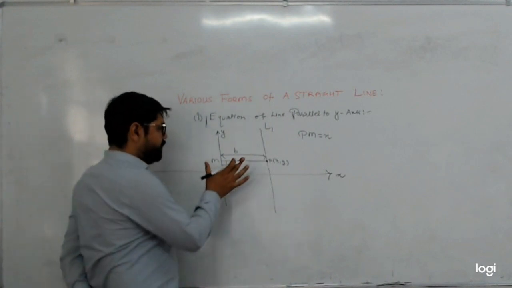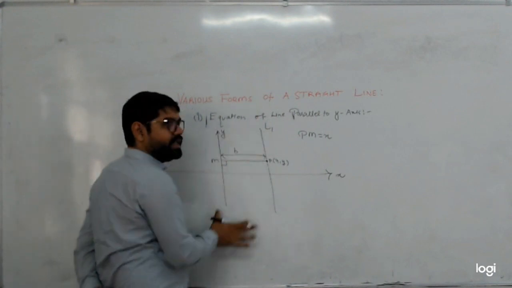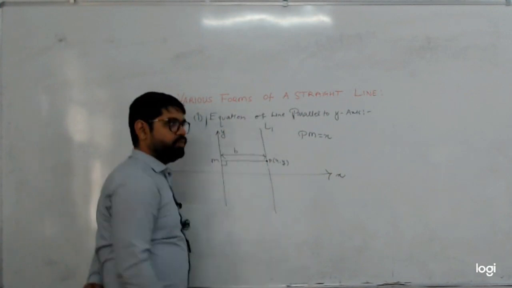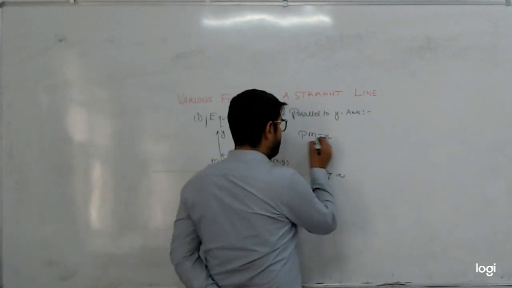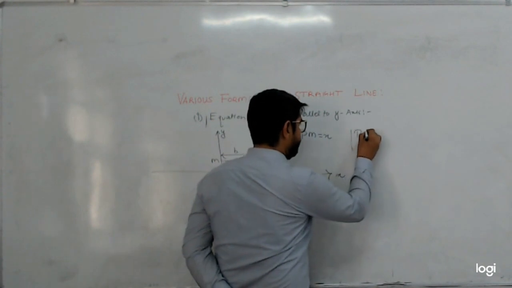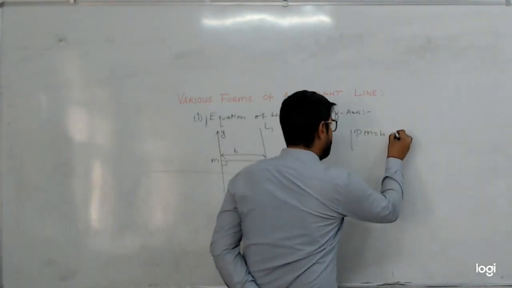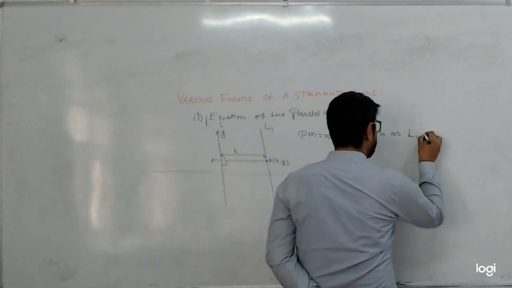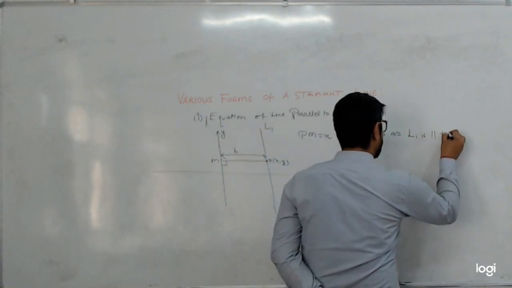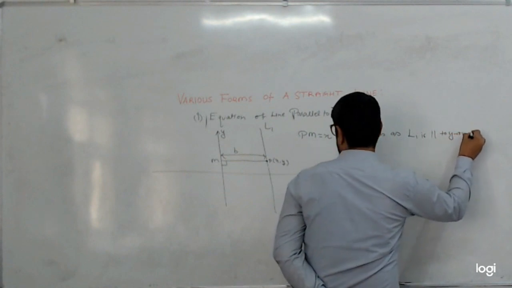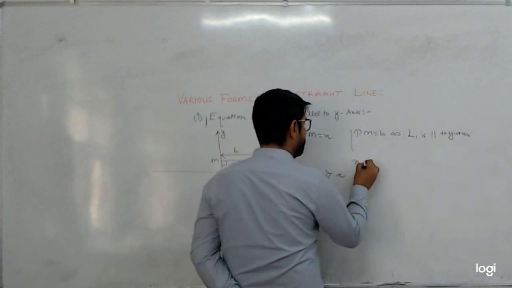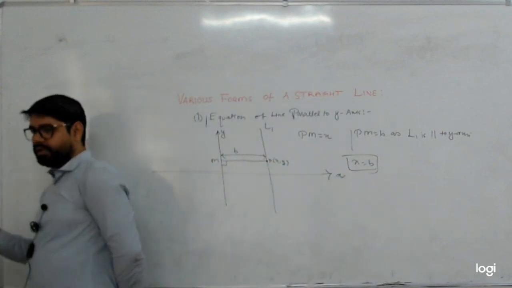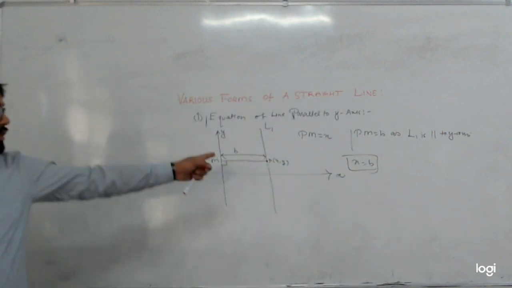But we know that because these two straight lines are parallel, this length PM has to be equal to b as the line L1 is parallel to the y axis. So from here we get x is equal to b as the coordinate relation for this point P.